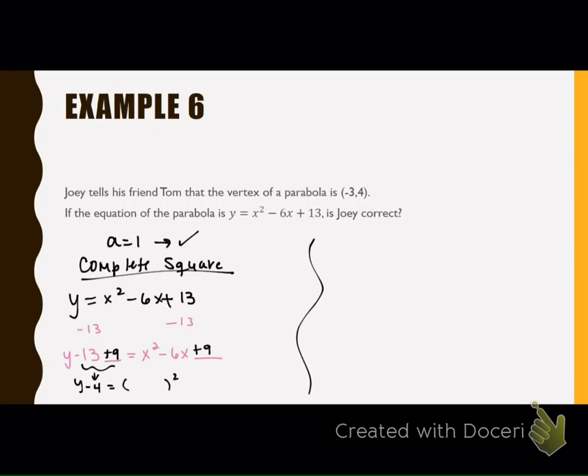The x. Okay, so what is going to be at the end then? What times what gets you to 9? The same number times the same number. 3. And what will our sign be? Negative, because we have to do negative 3 plus negative 3 to get to negative 6. Negative 3 times negative 3 is 9.